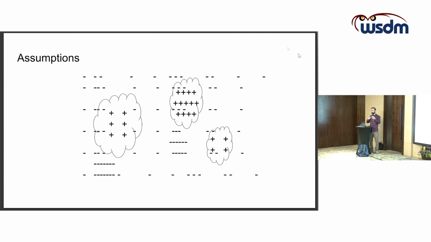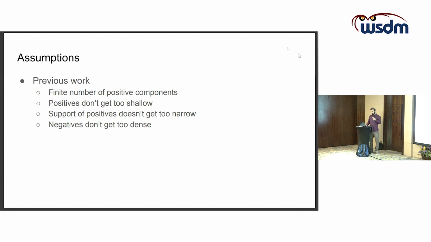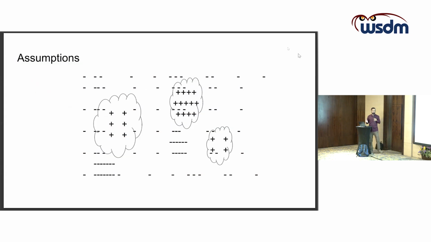When there is a probability of seeing a positive example, this probability is not very, very small. It can be 0, but if it's not 0, it shouldn't be too small. And the negatives don't get too dense. If there is some positive here and a lot of negatives here, we may accidentally go to these negatives and query a lot of them. So they don't want too many negatives.